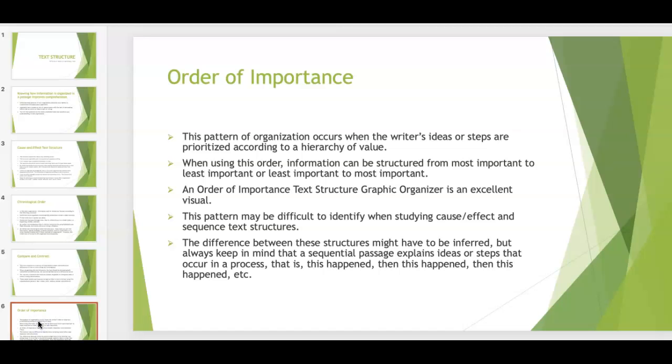Order of importance. This is where the writer is telling you what's the most important thing that happened first, and then second, and then third. Or you could have it vice versa, where the least important thing happened first, and then the next one second, and it was a build up to the most important thing.